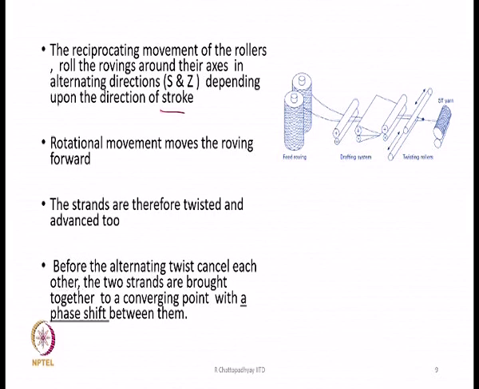Therefore, these 2 strands which are passing through the drafting zone and in between the 2 twisting rollers, because these are the rollers which are ultimately generating twist, will be twisted, but the twist direction will keep on changing depending upon the direction of the stroke.